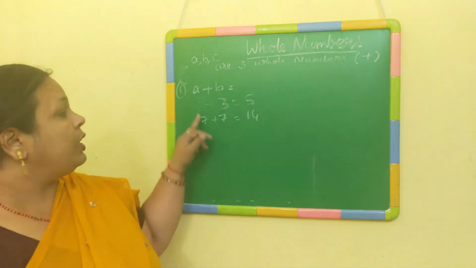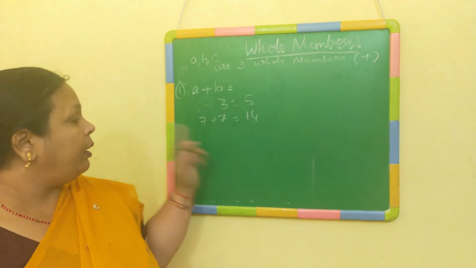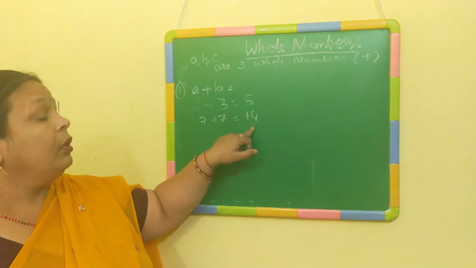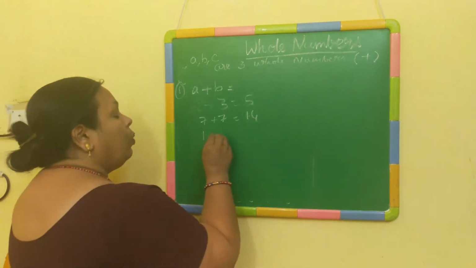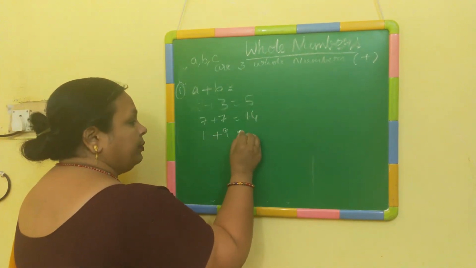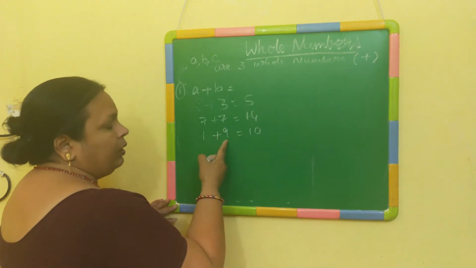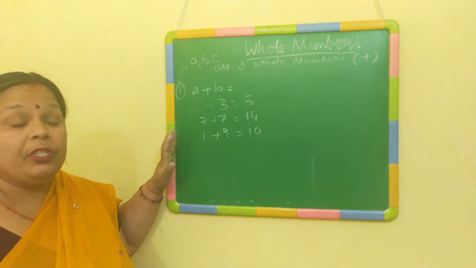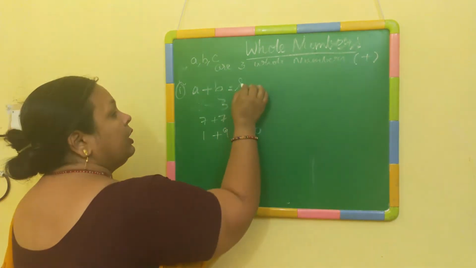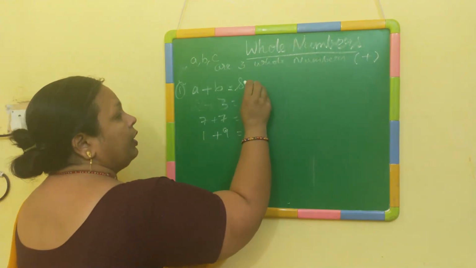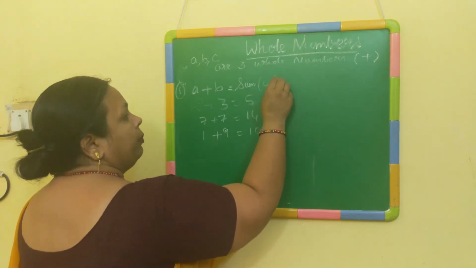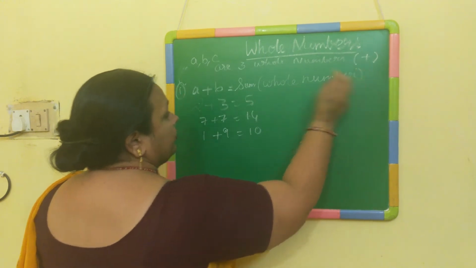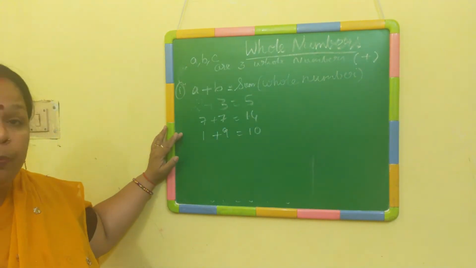Now what we want to say is 2 plus 3 is 5. 5 is a whole number, 2 is a whole number, 3 is a whole number. 7 is a whole number, 14 is also a whole number. 1 plus 9: 1 is a whole number, 9 is a whole number, 10 is also a whole number. So this condition says that when you add, the sum you are going to get is a whole number. So this is closure property.